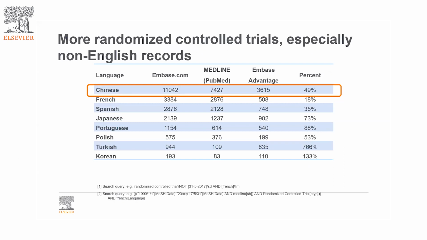For example, on this slide you can see that in Chinese, Embase contains 50% more information than Medline, and it means if you are using Medline, you miss this 50% of information, and your systematic reviews based on information from Medline miss this 50% of documents from China, and also from other countries and other languages.